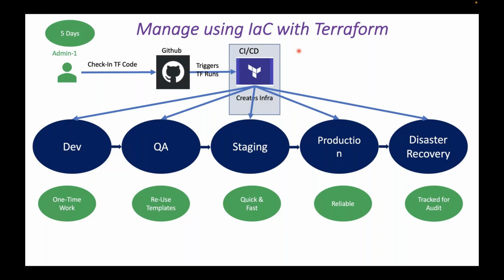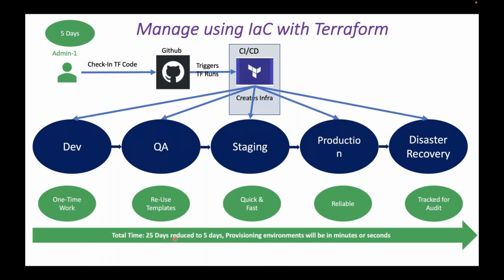As we are using this architecture, it is a one-time task. We only have to spend time to write the code. That's it, and we can reuse it as a template, and it is very quick and fast. It is very reliable, and we have the audit as well. So the entire 25 days can be reduced to 5 days now.